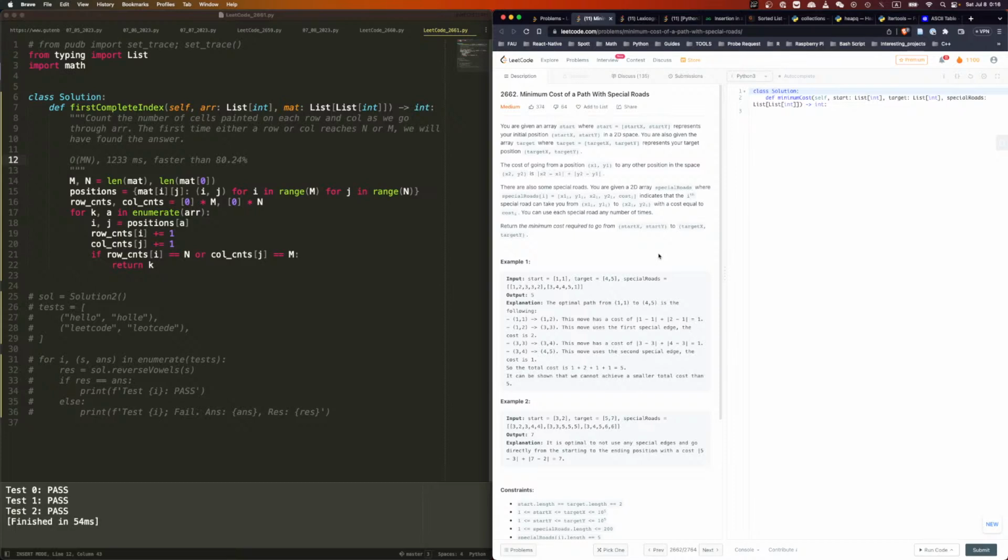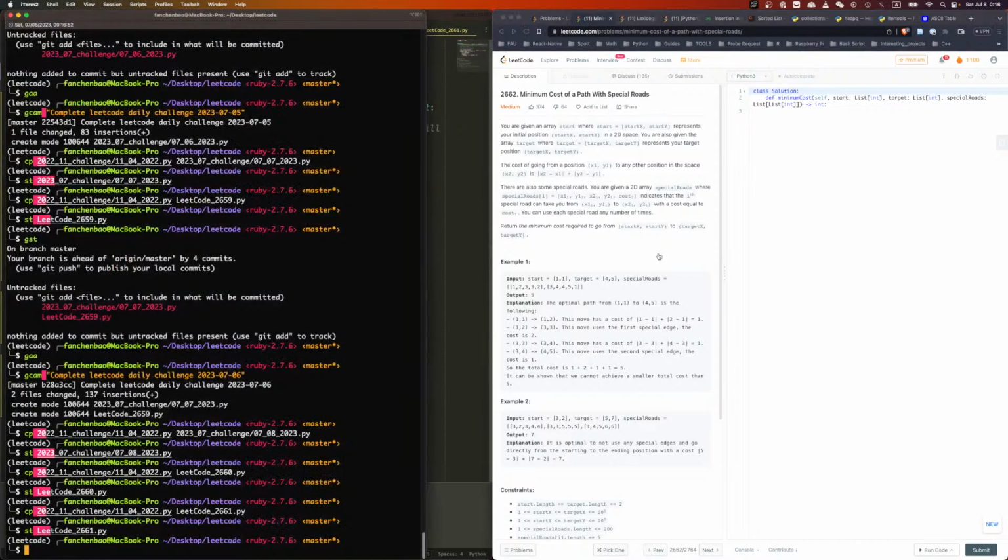You're given a 2D array special roads, where special roads i indicates that the ith special road can take you from this position to this position with a cost equal to this. You can use each special road any number of times. Return the minimum cost required to go from start to target. We will Dijkstra this stuff.